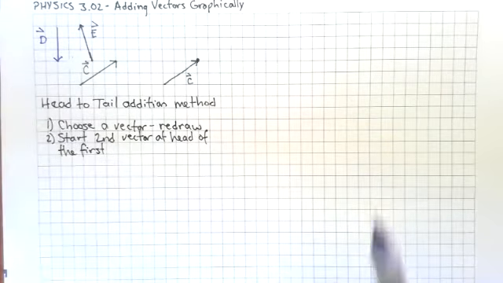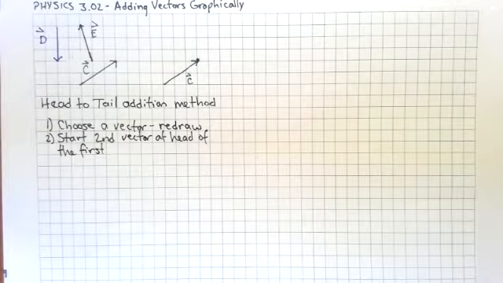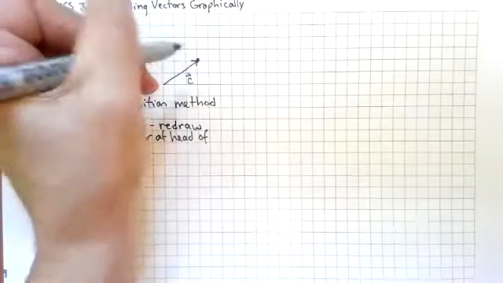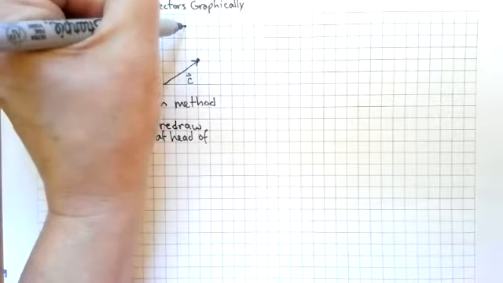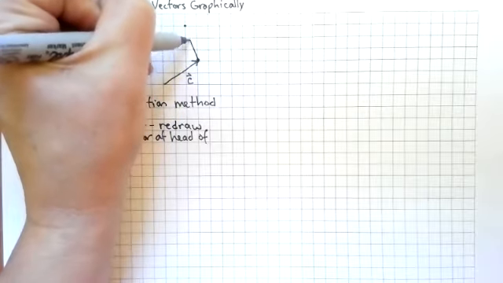Hence, head to tail. So I count over 1 and I come up 1, 2, 3, and here's vector E.